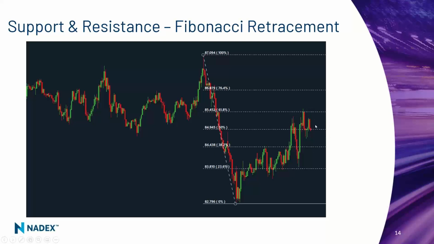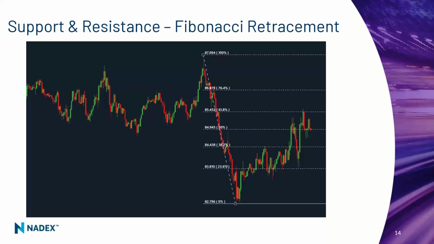If it starts coming off of that 50, you would expect it to come up and find resistance up here at 61.8. If it breaks through this, you'd expect it to find some support either at 38.2 or down below again at 23.6. So again, it's understanding how to use these tools.